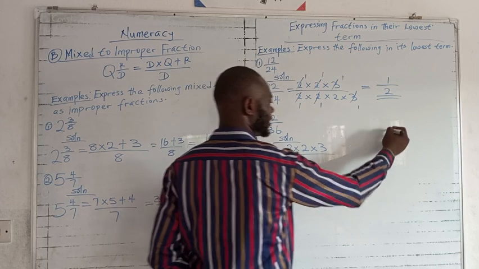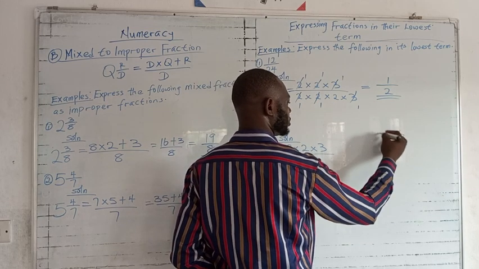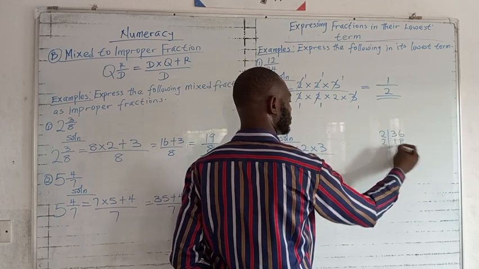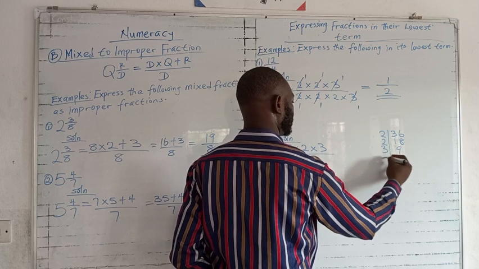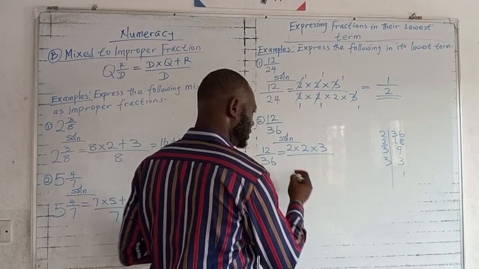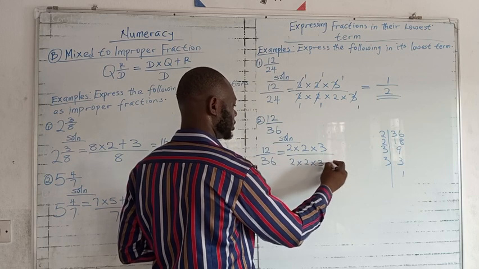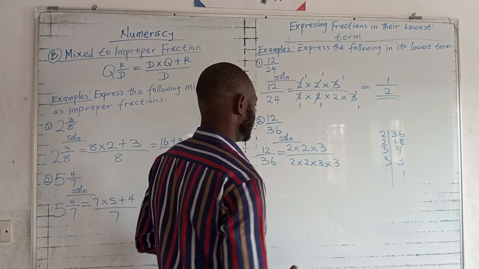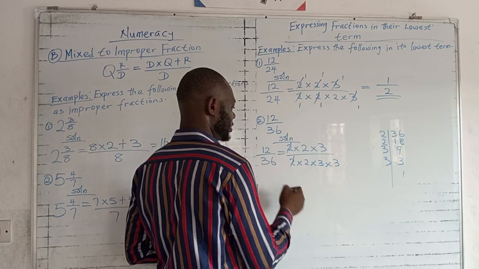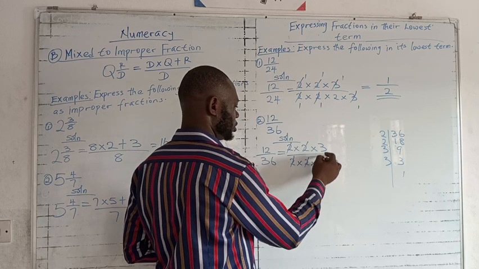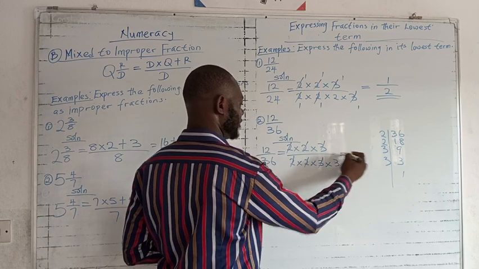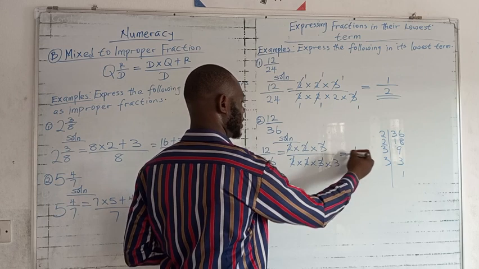Now 36, let's find it. 36, 2, 18, 2, 9, 3, 3, 3, 1. So 36 is 2 times 2 times 3 times 3. So let's go. These two, we divide these two. This will go. These three will go. So what's left? 1 and 3. So our answer is 1 over 3.